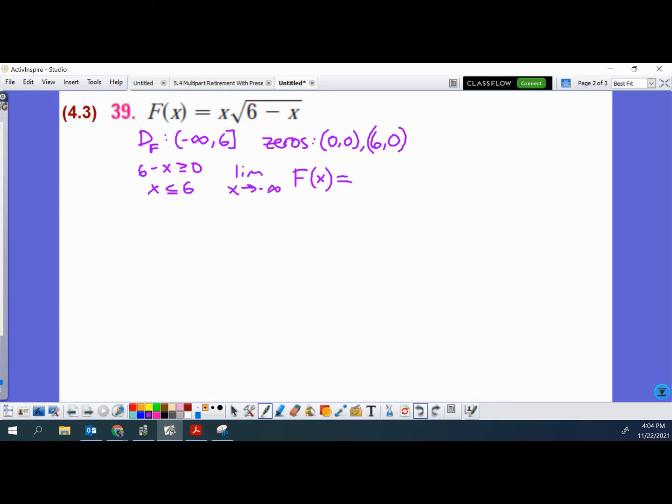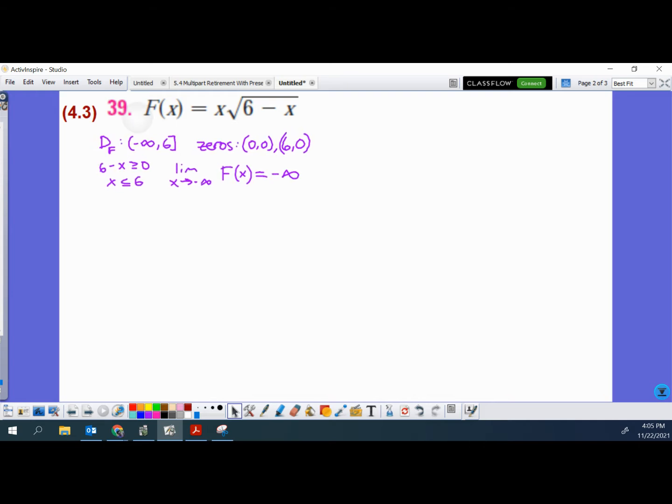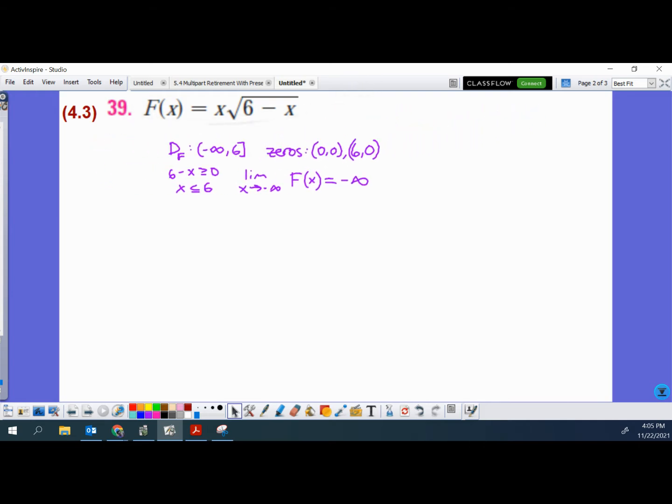So we're looking basically at negative infinity times positive infinity. The magnitudes just get bigger. Negative times a positive gives you a negative. And so this function is going to go down to the left. That's what that tells me. I will get evidence to back that up from my first and second derivative analysis too, though. So I don't necessarily need to have done what I just did there. We'll put it here.